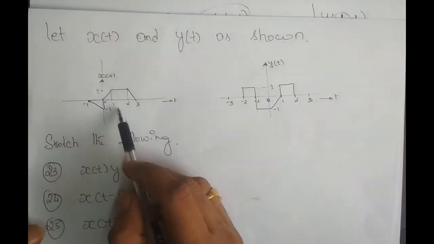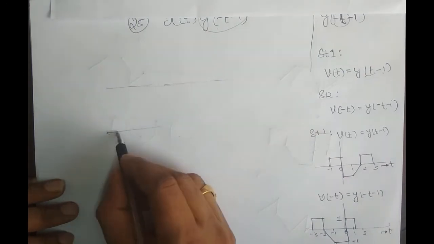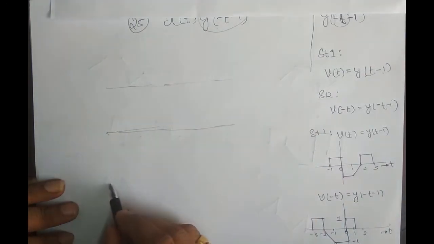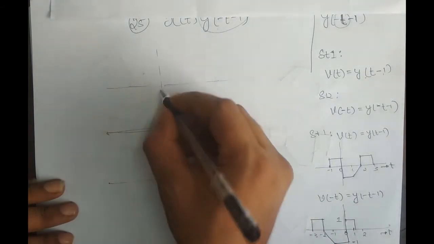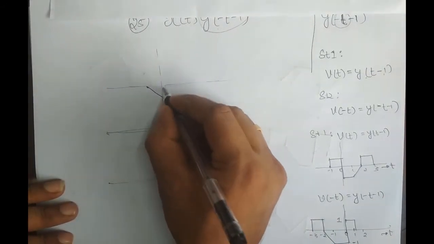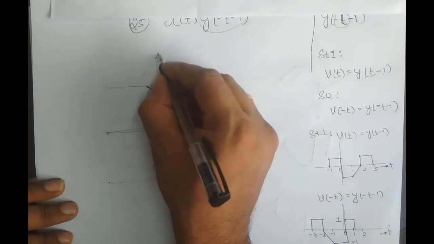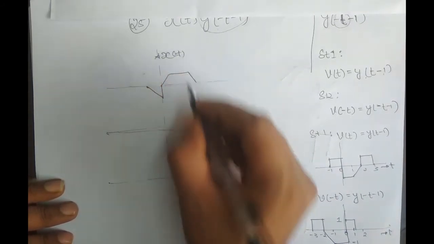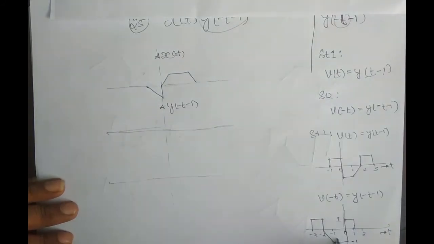And what is x of t? X of t is this, right? So we will sketch one below the other. So this is our x of t. And this is y of minus t minus 1, which is this signal.